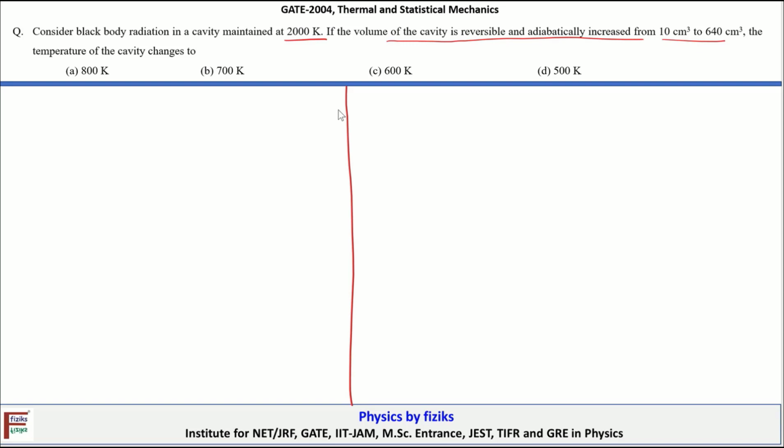Here, because we are talking about the reversible adiabatic expansion of the cavity, for a cavity undergoing reversible adiabatic change, the quantity V T cube will remain constant.